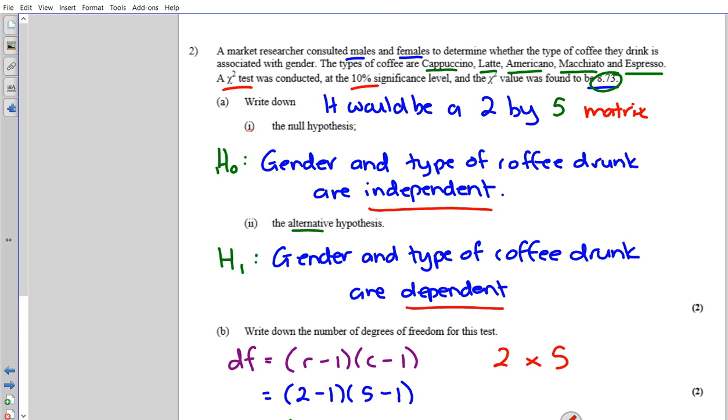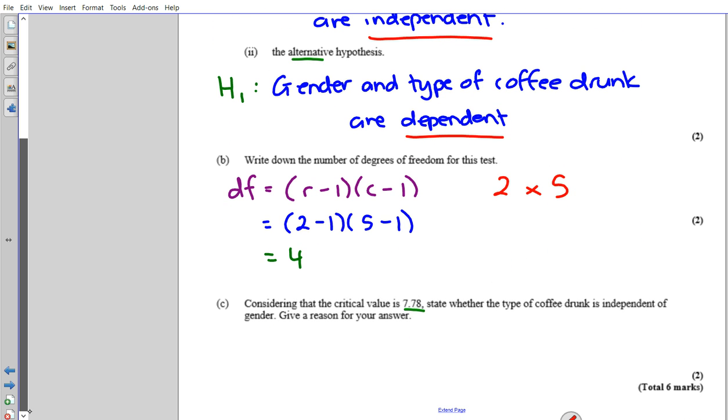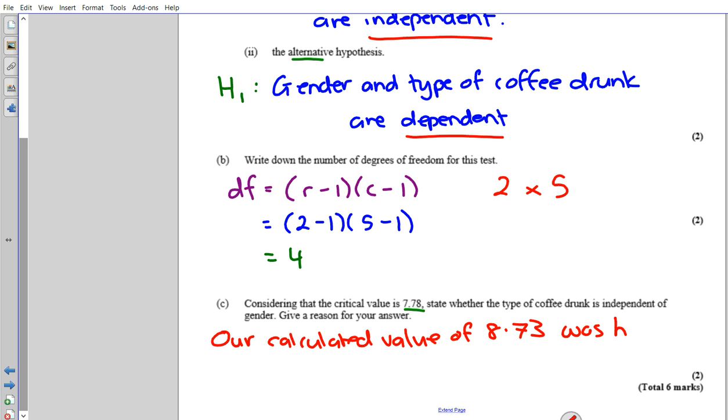So our calculated value of 8.73 was higher than the critical value. It was higher than the critical value of 7.78, because that's going to get you your reasoning mark.